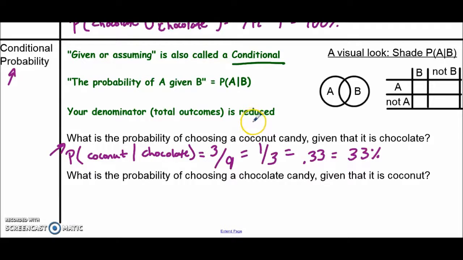And in any conditional or given probability, our denominator or total outcomes is reduced. For example, in the last problem, instead of looking at all 12 candies, we were only looking at the 9 that were already chocolate.